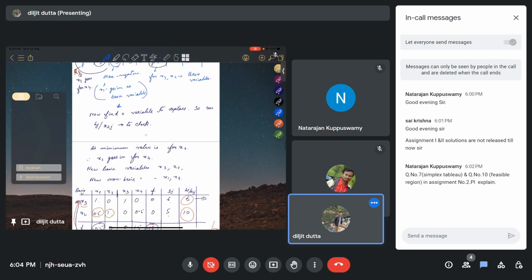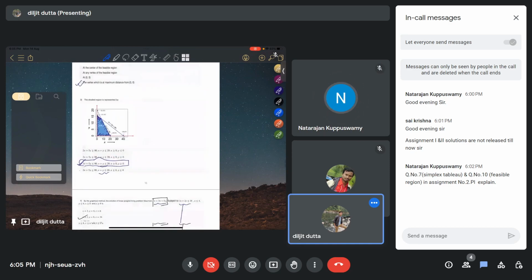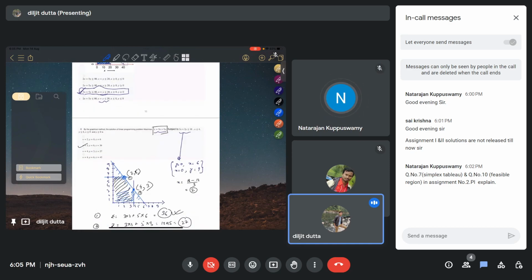So it will be the first thing only, S1. After making x1 and x2 the basic variables, only then you can find the values of a and c.